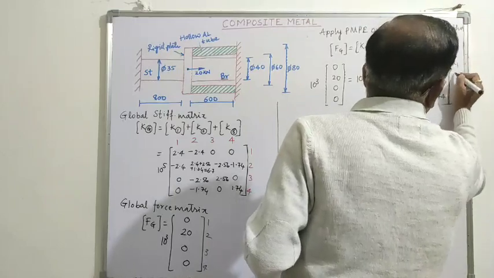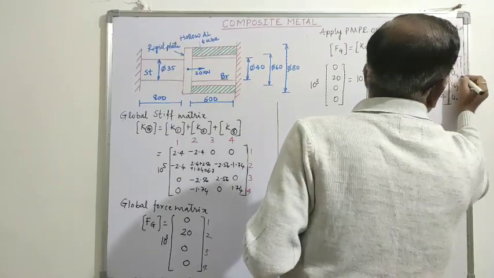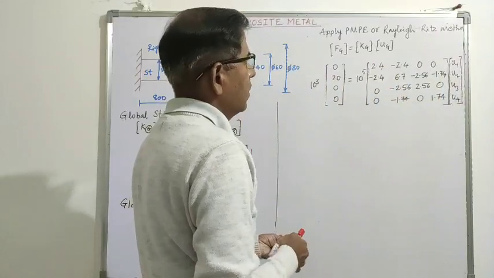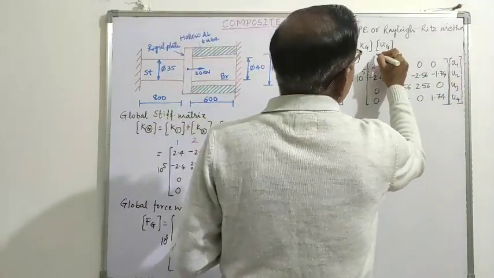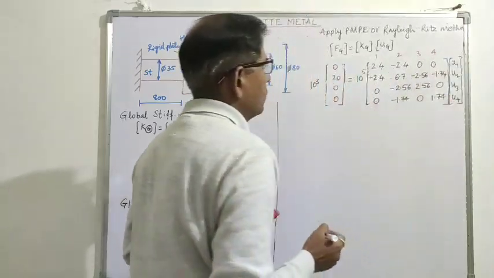This is U1, U2, U3 and U4. Okay. This is for row number 1, 2, 3, 4.